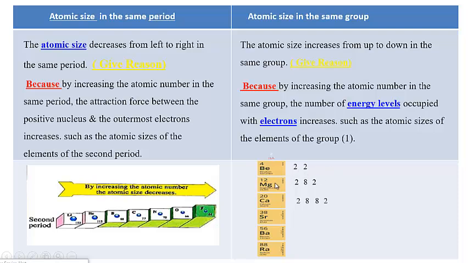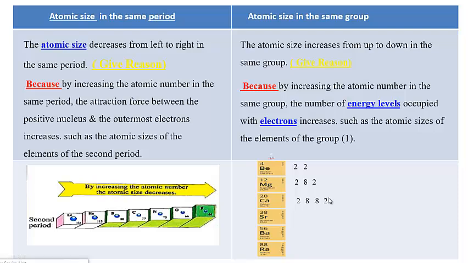What about magnesium? 2, 8, 2. What about calcium? 2, 8, 8, 2. What will we note? When the atomic number increases, the energy levels containing electrons increase. Beryllium has 2 energy levels, magnesium 3, calcium 4, and so on.